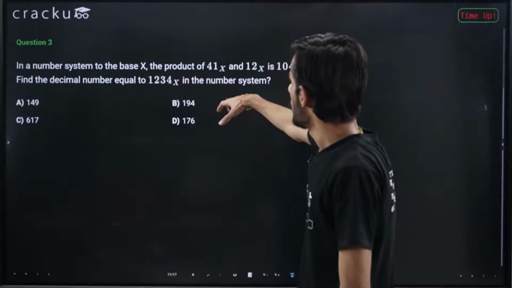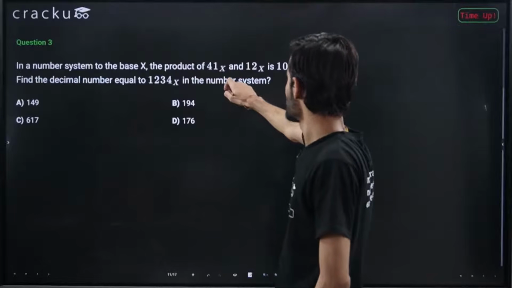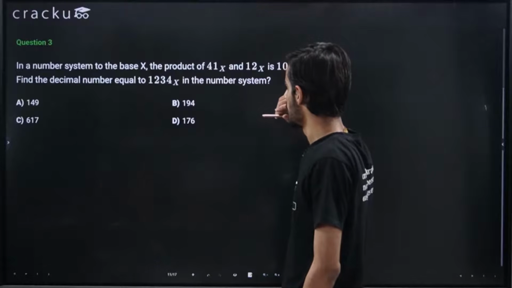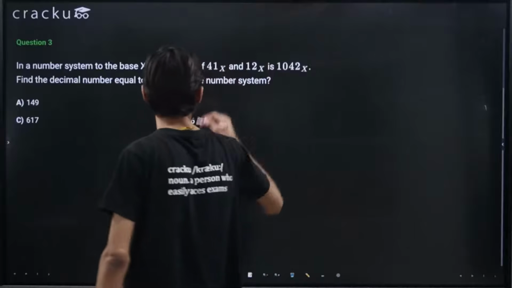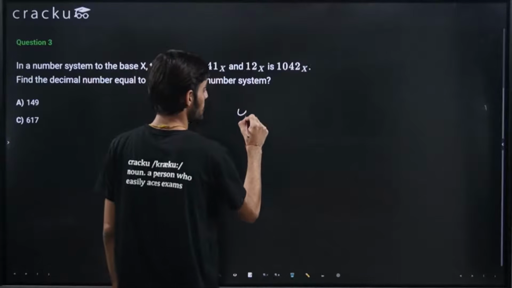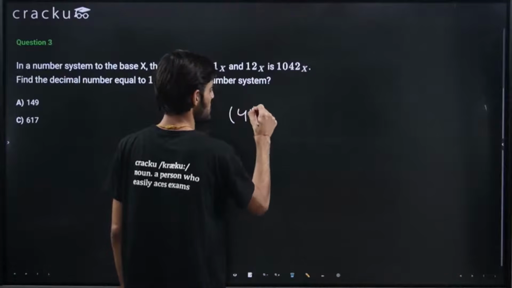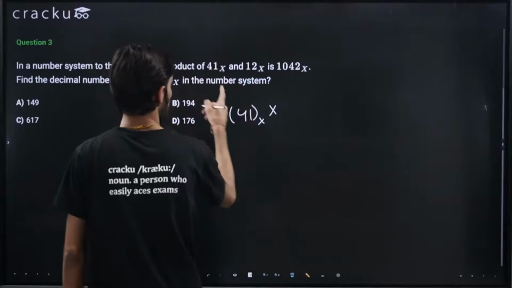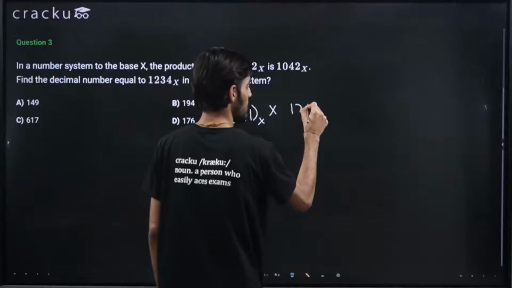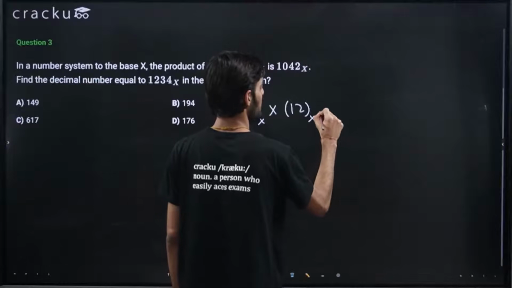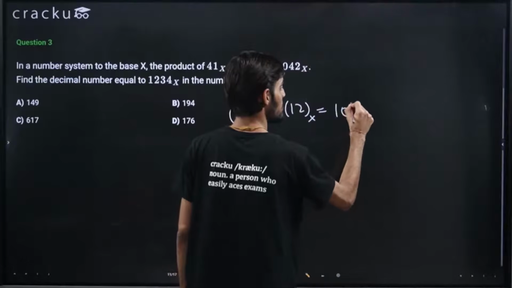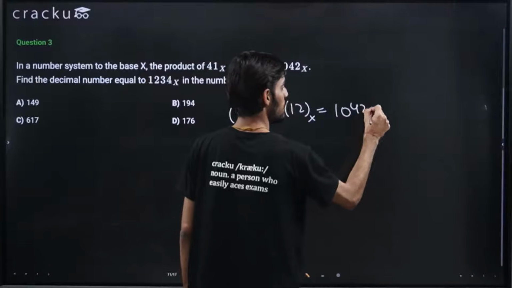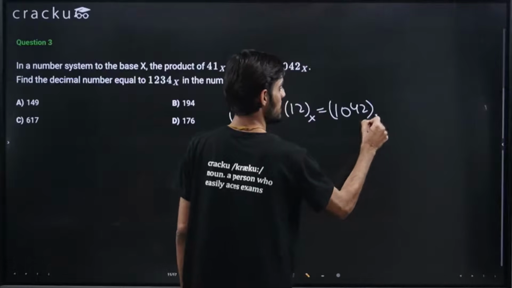So we don't know the value of x, right? In which base these values are written. We need to find 41 in some base x multiplied by 12 in the same base x, which gives us 1042 in the base x.